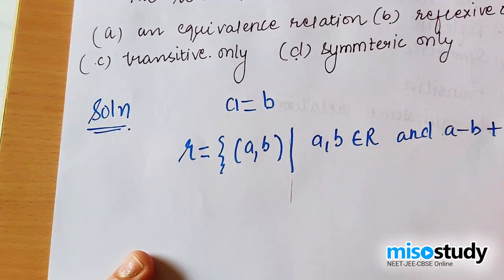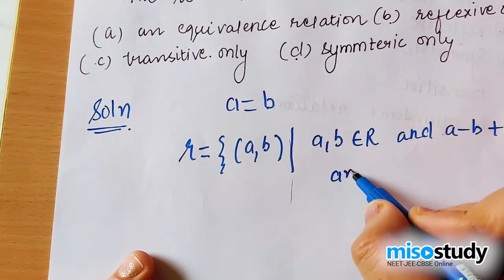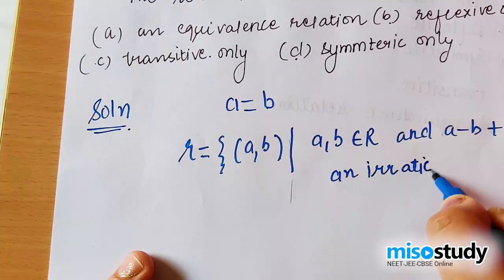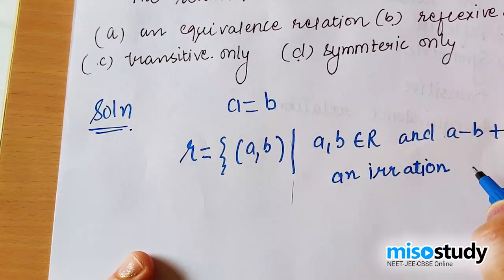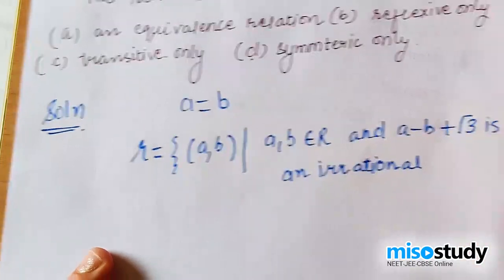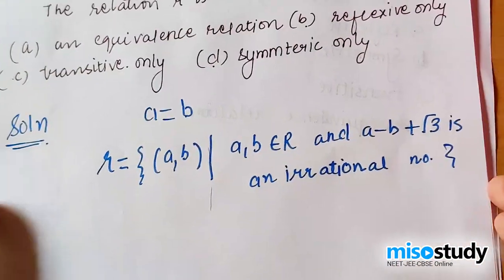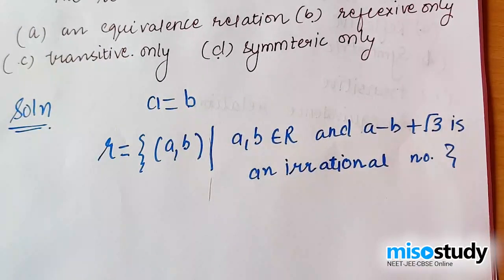Now, a and b belong to the set of real numbers, and the relation is defined so that for different values of a and b, a - b + √3 comes out as an irrational number. That is how your relation is defined.